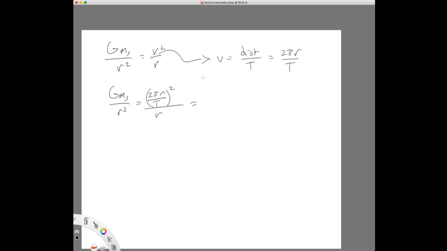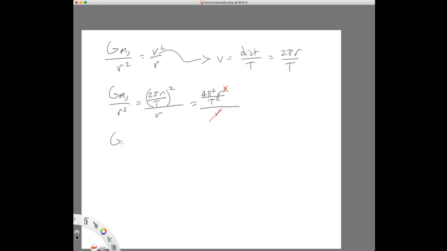So the right-hand side, I'm just going to work with the right-hand side here. It's going to be 4 pi squared r squared over T squared, and all of that is over r still. And we can cancel that r with one of those.